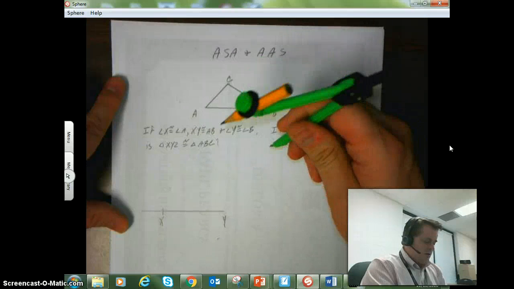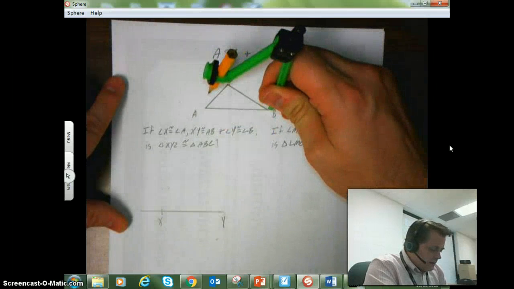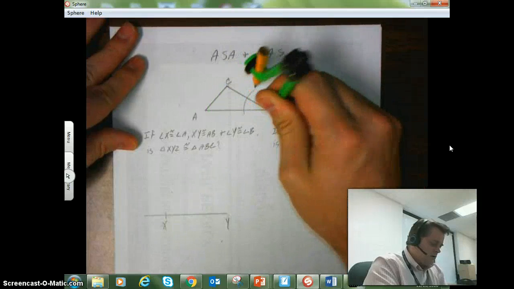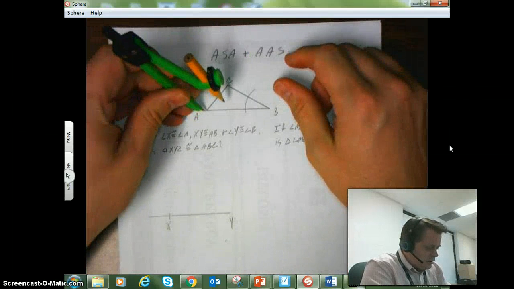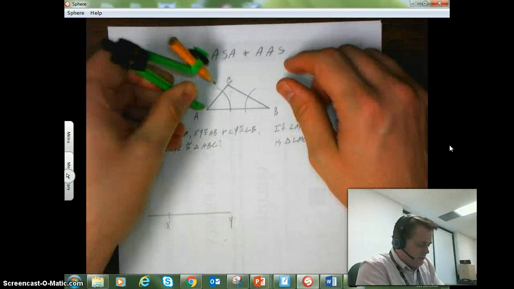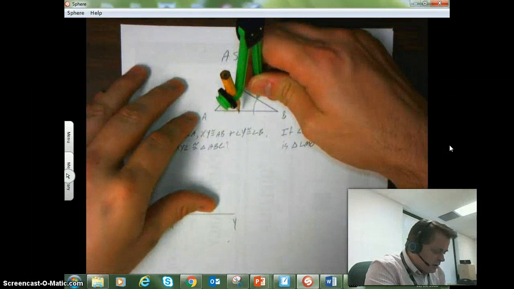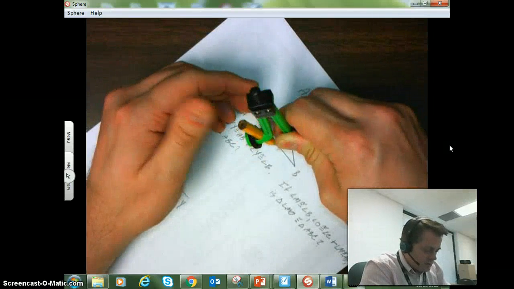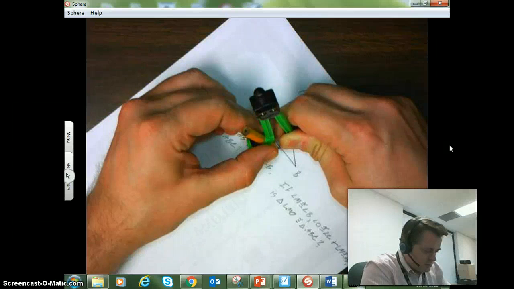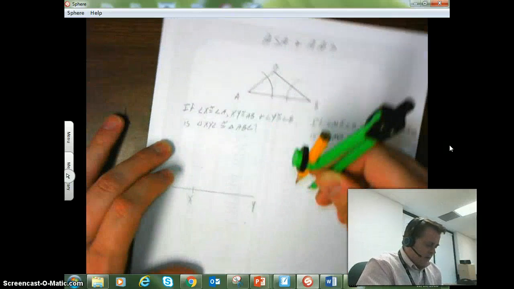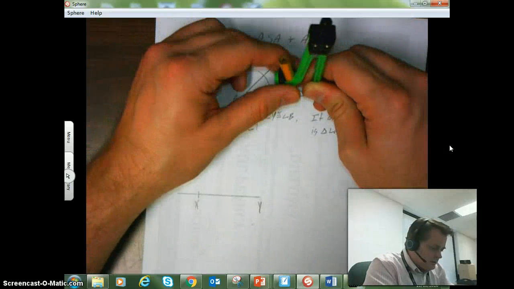So let's go ahead and copy the angles. And I'll just use the same radius here. I need to turn my paper some so I can get that one.